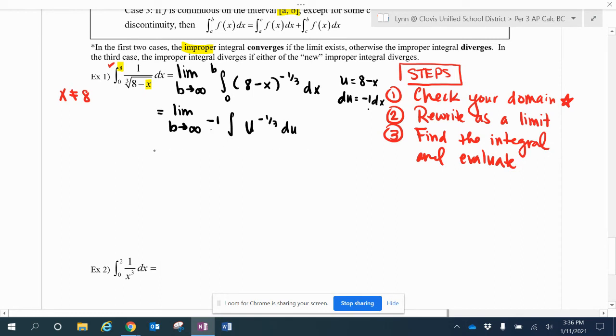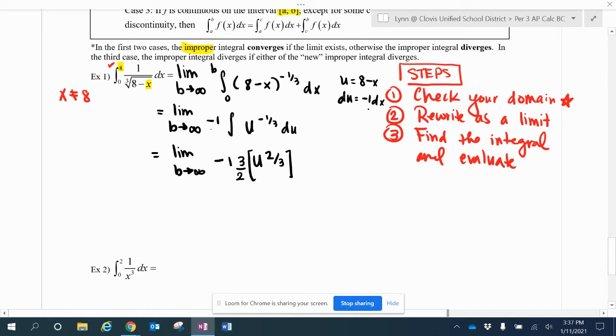So I'm going to do the same thing I did. I'm going to integrate this and then substitute in with respect to x so I don't have to worry about trying to find the new limits. I would have negative 1 from here and then add 1 to the power, so that would be 2/3, and then divide by 2/3 is the same as multiply by 3/2.